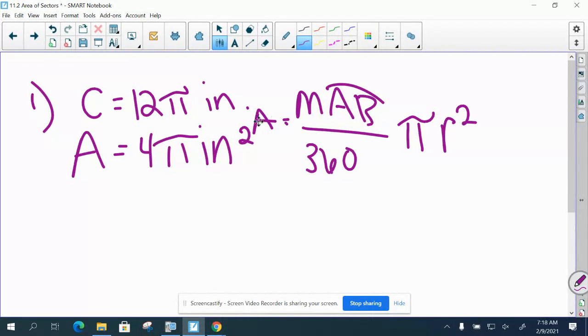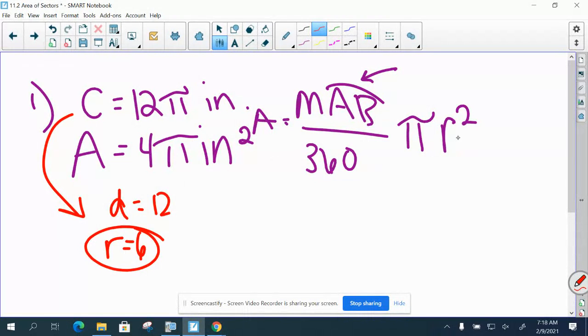So we have the area. We don't have the measure of the arc. This is what we're trying to find. We're not given the radius, but what can we use to find the radius? They give us the circumference. So we're going to use the circumference to find the radius. In the circumference formula, you have pi times diameter, which means 12 is the diameter, which means that the radius is 6.